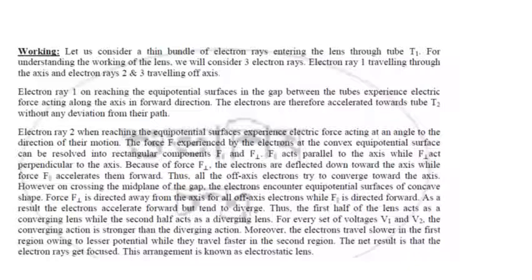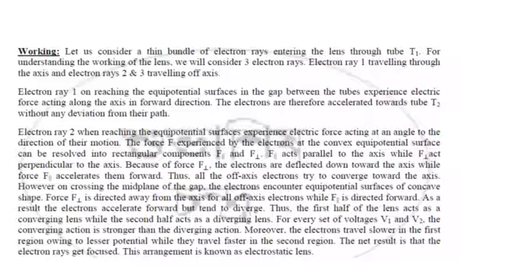This is similar to a light ray passing through a lens. The light ray which passes through the pole will experience a force only along that direction, and moves without deviation. While electron ray 2, when reaching the equipotential surface, acts at an angle to the direction of its motion.